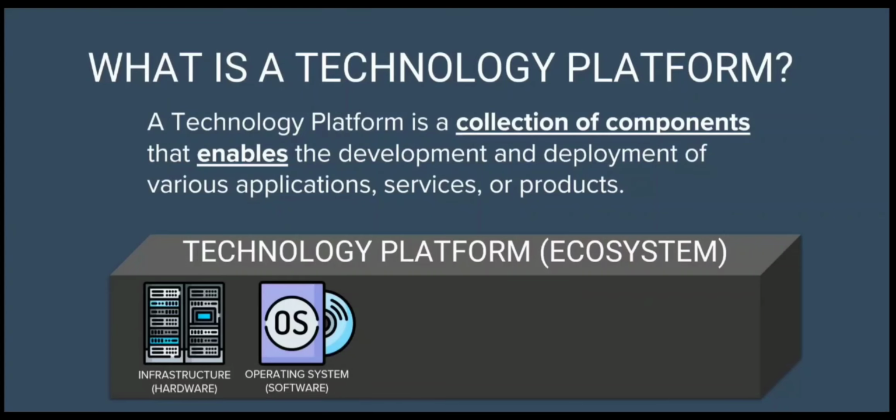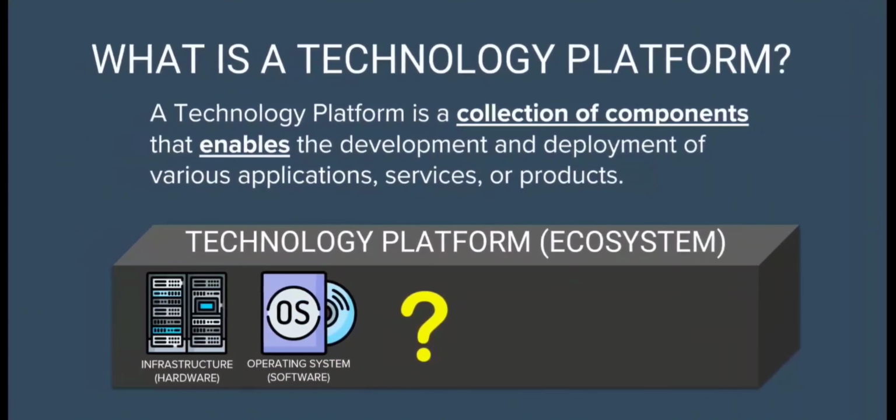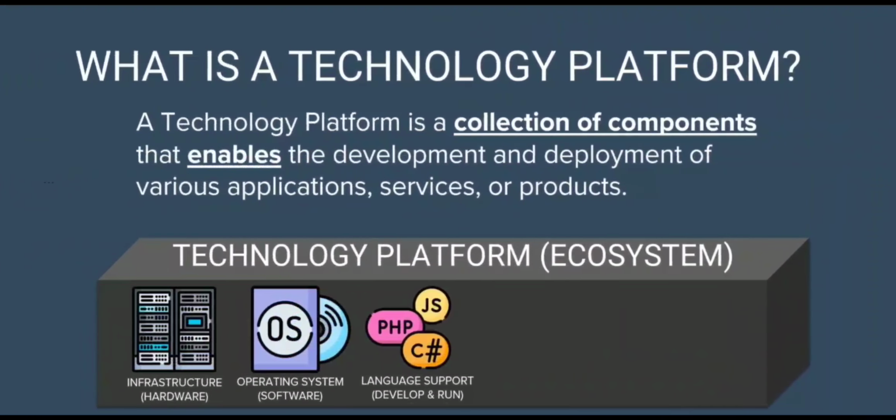So can you guess what comes next? Yes, you're right. The next thing is obviously your known one. I think you already have this concept in your mind: you need a platform with the ability to run programs.